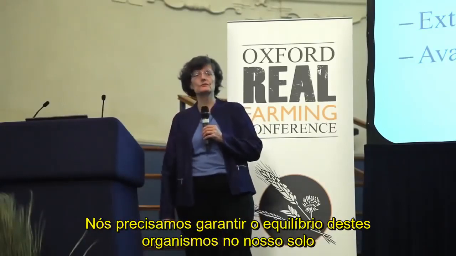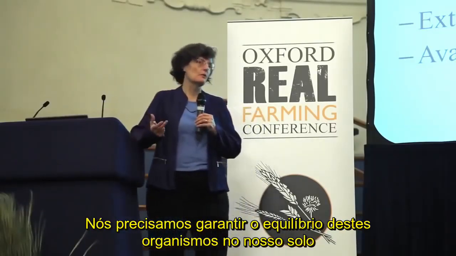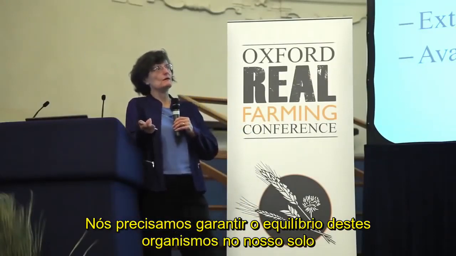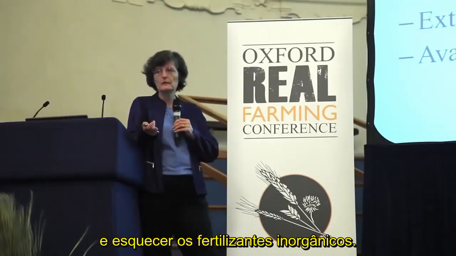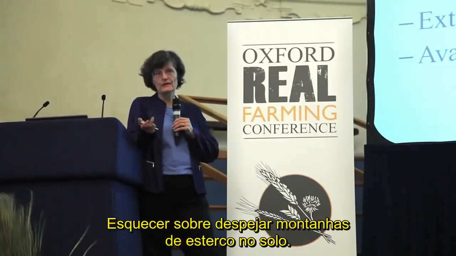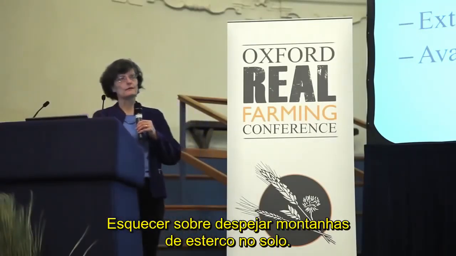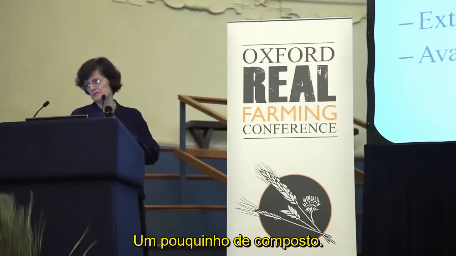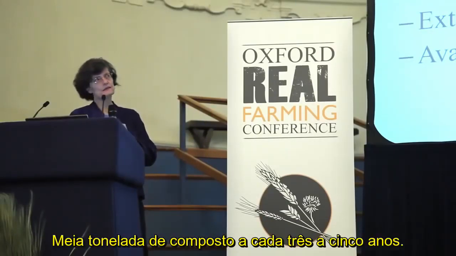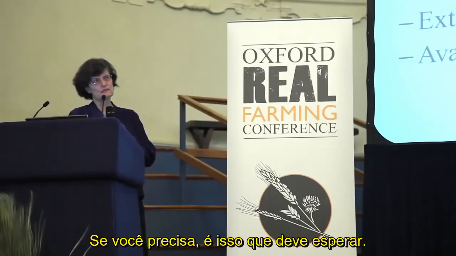We need to make certain that the proper balance of these organisms are present in our soil, and then forget about the inorganic fertilizers. Forget about pouring manure on your soil. A little bit of compost. Half a ton of compost every 3 to 5 years, maybe if you need it, that's what you should be thinking about.